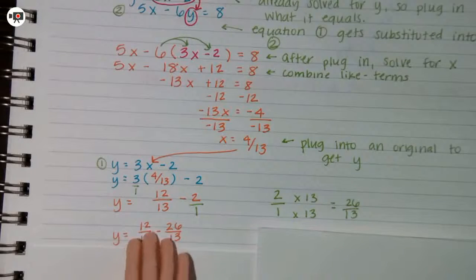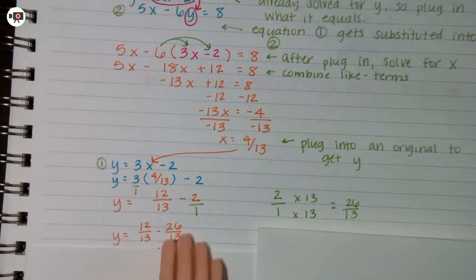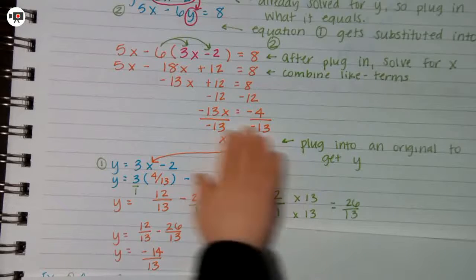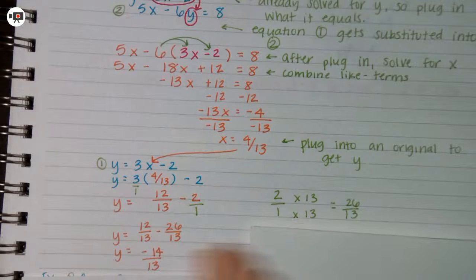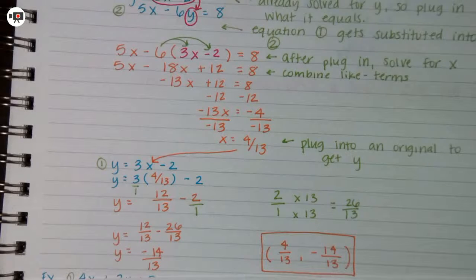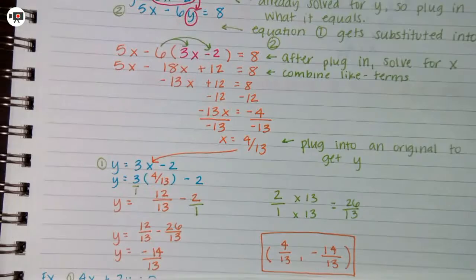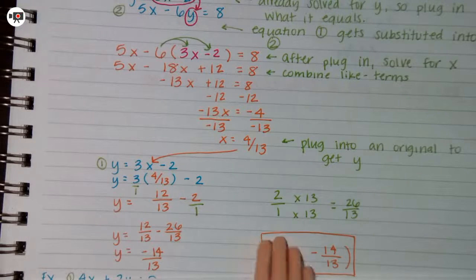So y equals 12 over 13 minus 26 over 13. 12 minus 26 is negative 14, all over 13. So now I take my x value and my y value and put them together in one point. So my solution, where these two original equations intersect, is at the point 4/13, negative 14/13.